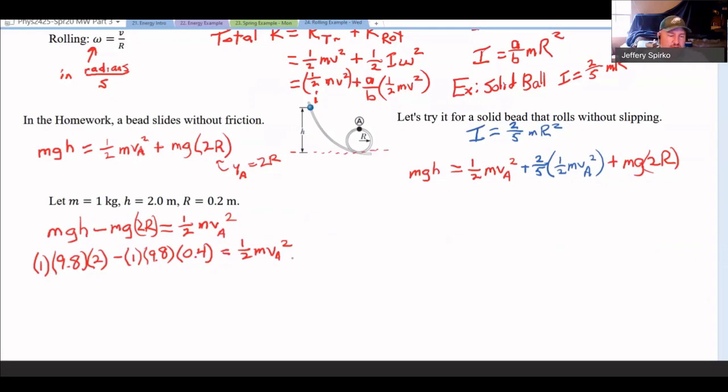So now the first one, 9.8 times 2, is 19.6 joules was our starting energy.